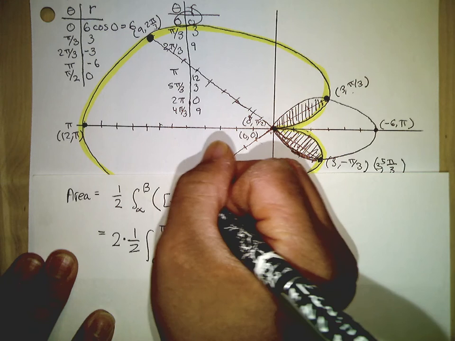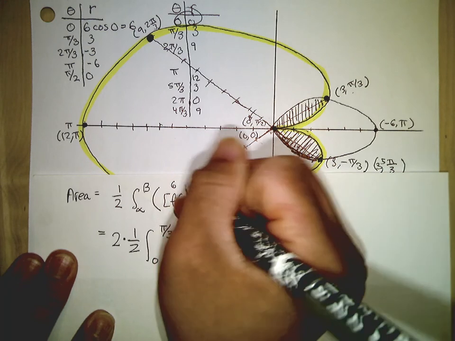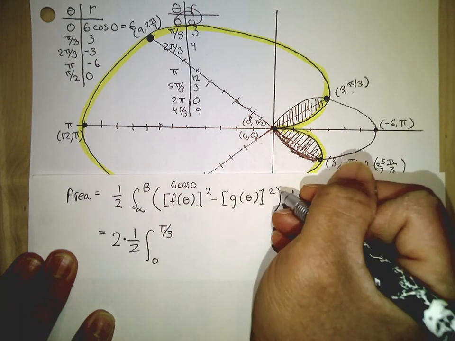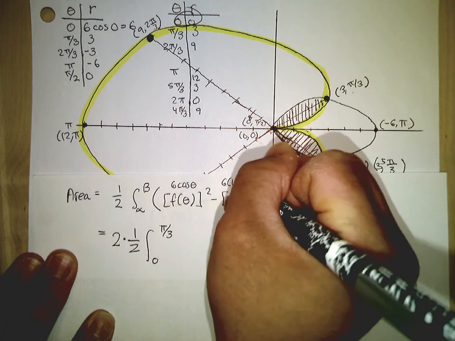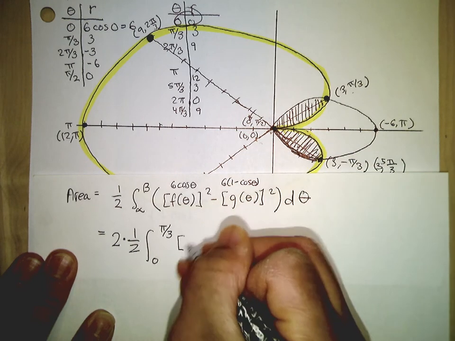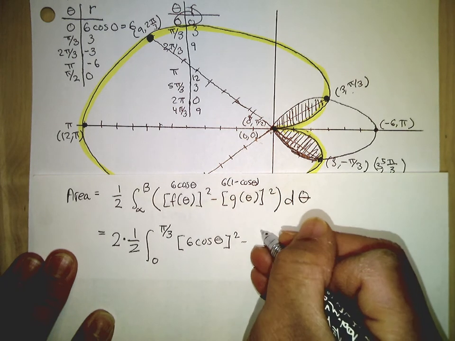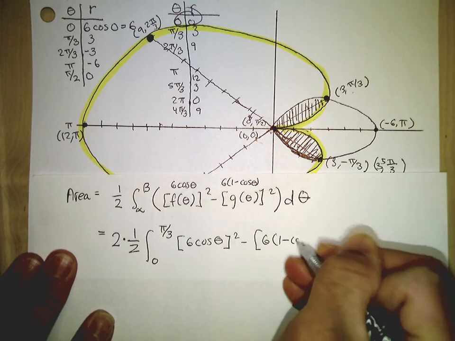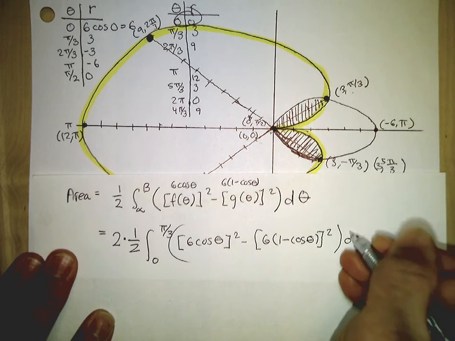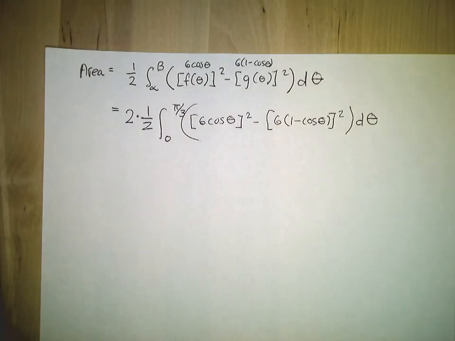And the first curve was g, 6 cosine of theta. And this other one was, what was it? It was 6 times 1 minus cosine of theta. So we have 6 cosine of theta squared minus 6 times 1 minus cosine of theta squared d theta.